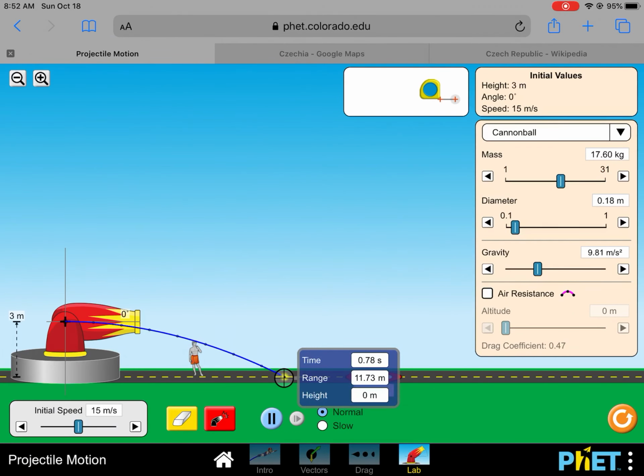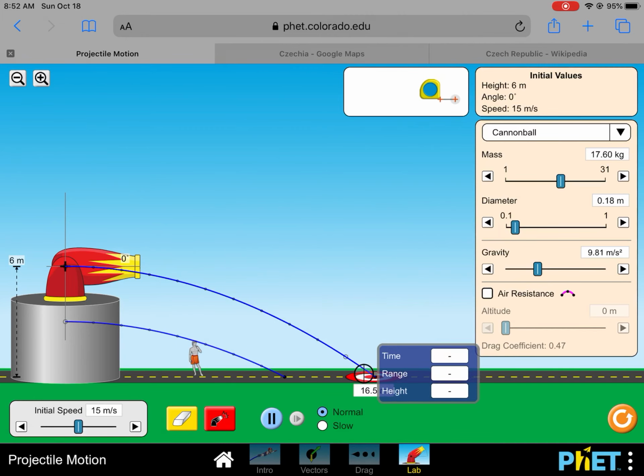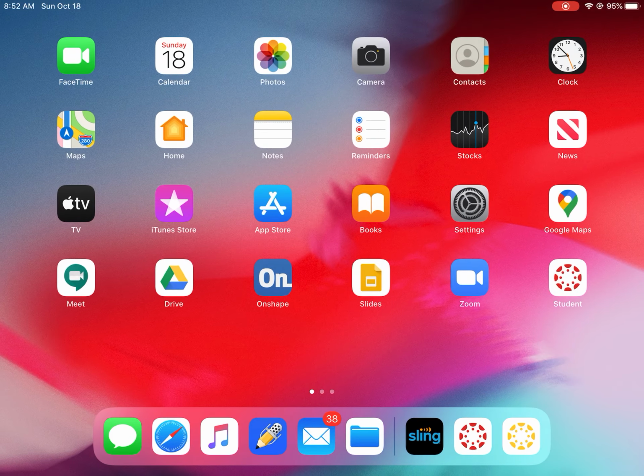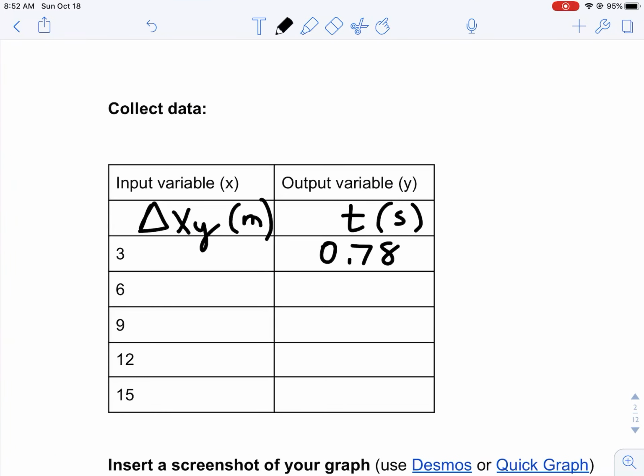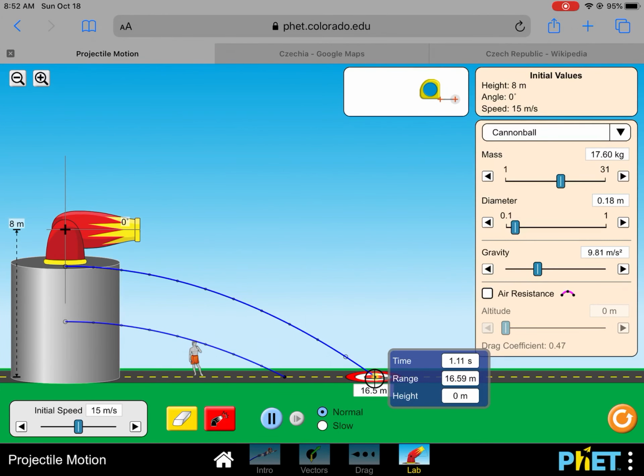And then I'm just going to go and finish collecting data. So then I'll increase my height to 6. And then I see it was 1.11 seconds. Then I'll go up to 9.